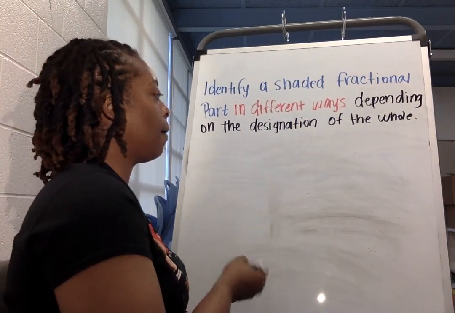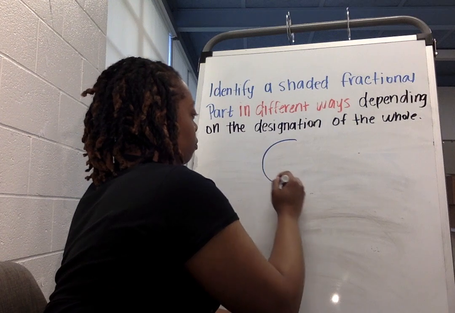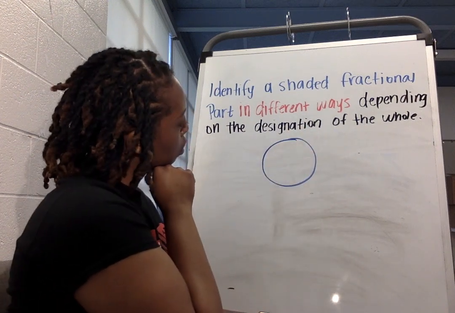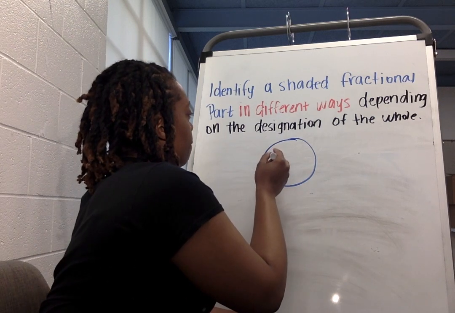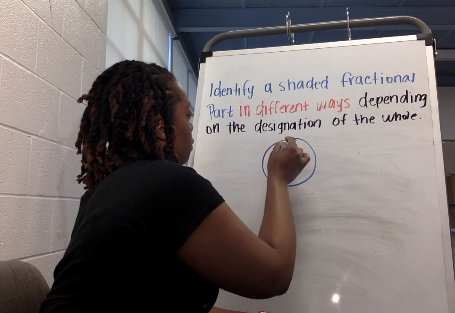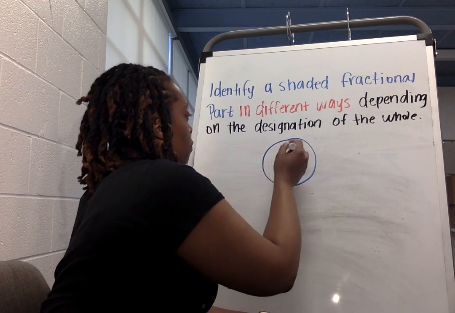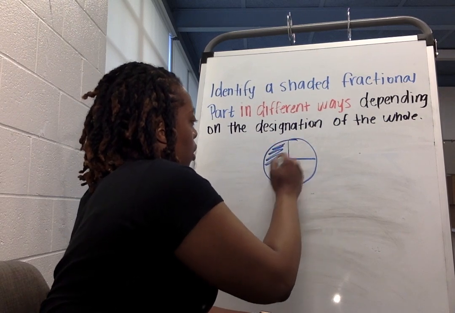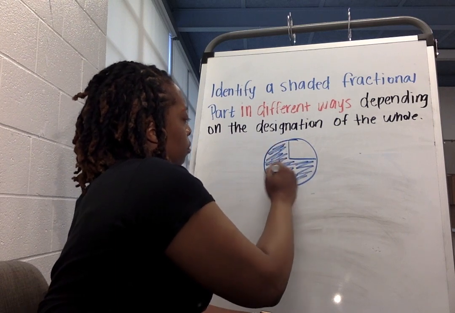Let's say that Miss Breeden made a pot of soup. And no, Miss Breeden has a pizza. Okay. And we want to know, the shaded part is how much has been eaten.